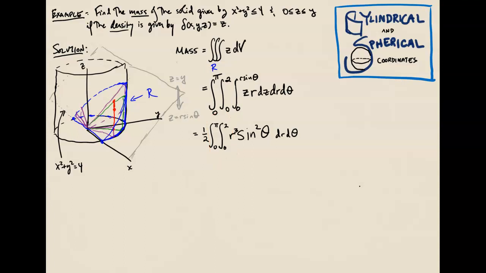So this is a fairly easy one to do. In fact, sine squared theta is a constant as far as this integral with respect to r is concerned, so it can go through that first integral. Okay, now this integral right here, r cubed, well, an antiderivative is of course r to the fourth over 4, so the value of that integral is going to be 2 to the fourth over 4. That's 16 over 4, which is 4. And so I'm going to take that 4, which is the value of that integral, pull it out and combine it with a half to make it 2.